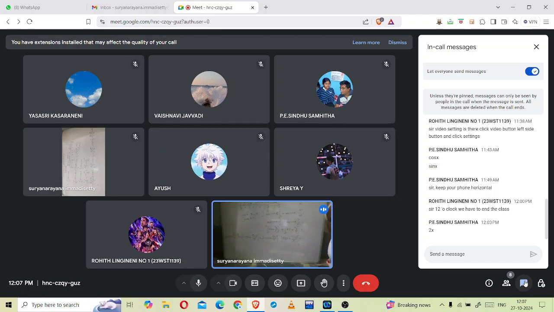Yashasri, Vaishnavi, Sindhu, Ayush, Shreya, Rohit.